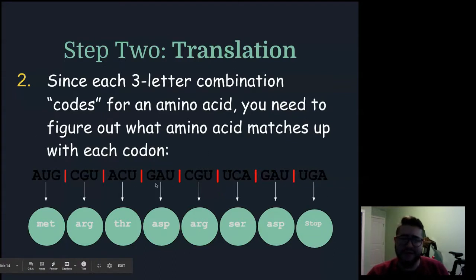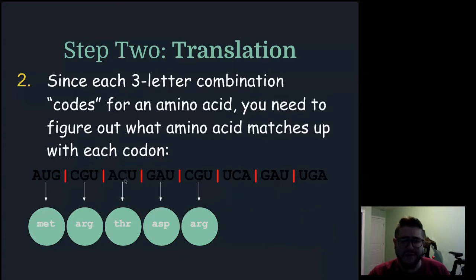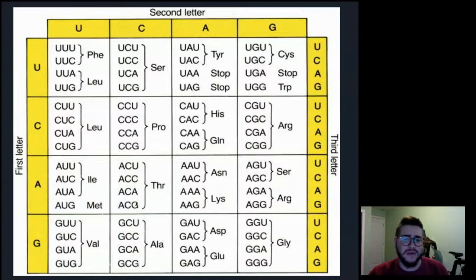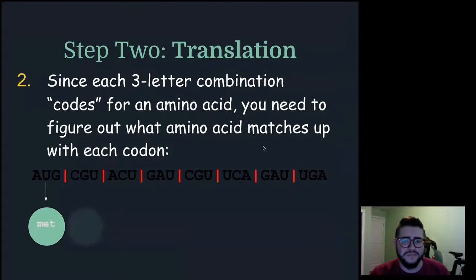And so that's how it works, right? We have this mRNA sequence. It gets split up into 3-letter codes called codons, and then you use a codon table like we see when we go back here, like this, to figure out which one of those codons leads to which amino acid.